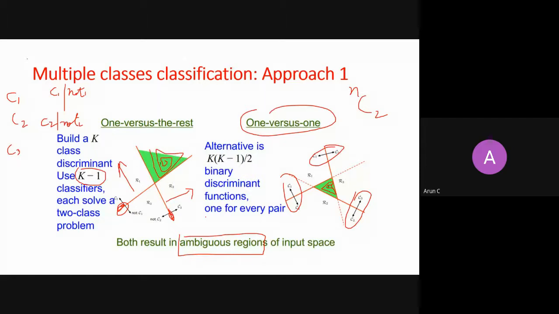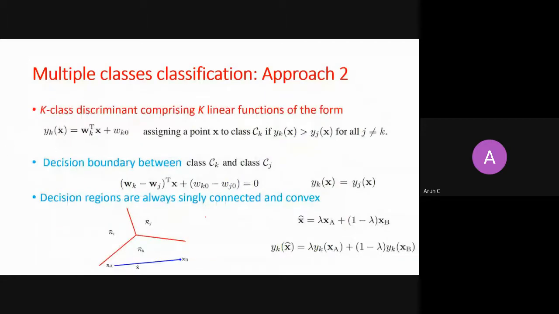So then what we can do, we take one discriminant function, right? It is known as K class discriminant. What happens for this K class discriminant? It comprises K linear functions. So it is like one hyperplane for every class, right?